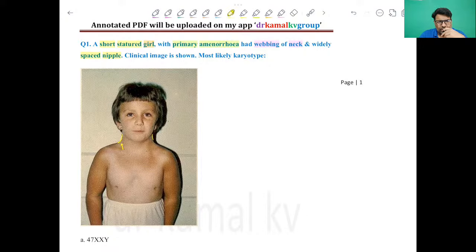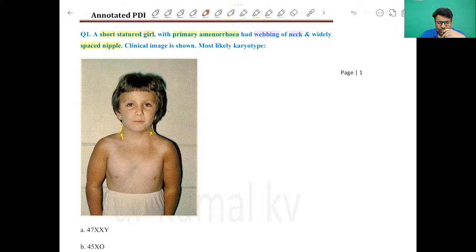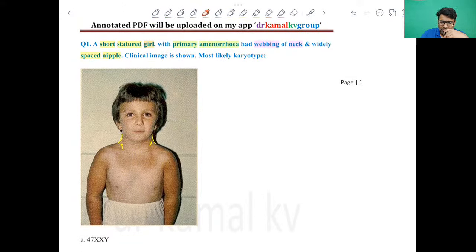Let me continue. If there is any problem, let me know, right? So the stature is short, and when we say short stature, we usually say that it is less than 145 centimeter, right?